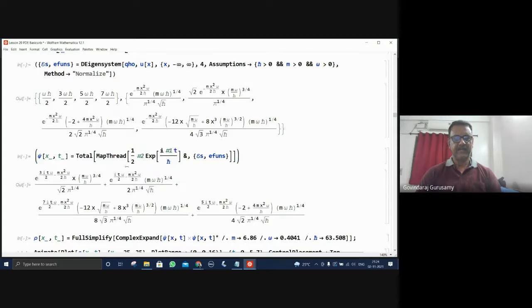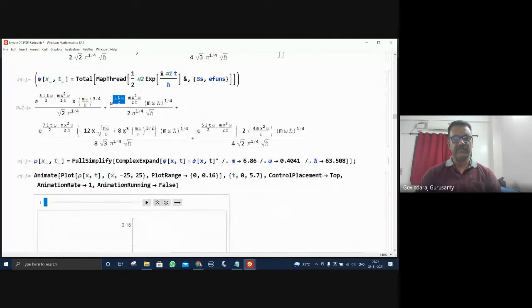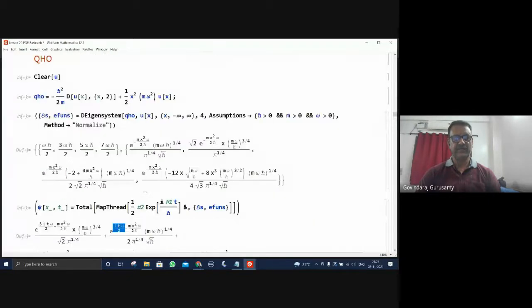I'm threading it along with this stationary solution with the time solution. This is the term which is added, multiplied along with those solutions. Thread with that, and I have this result, which is the full solution. If I add them, that's going to be a superposition, and fantastically one can see how this time evolution of the quantum harmonic oscillator takes place.